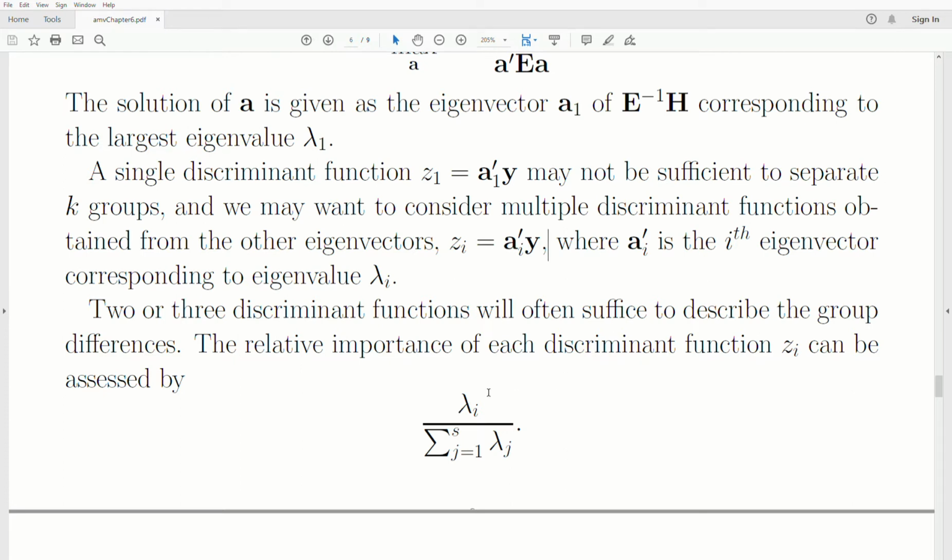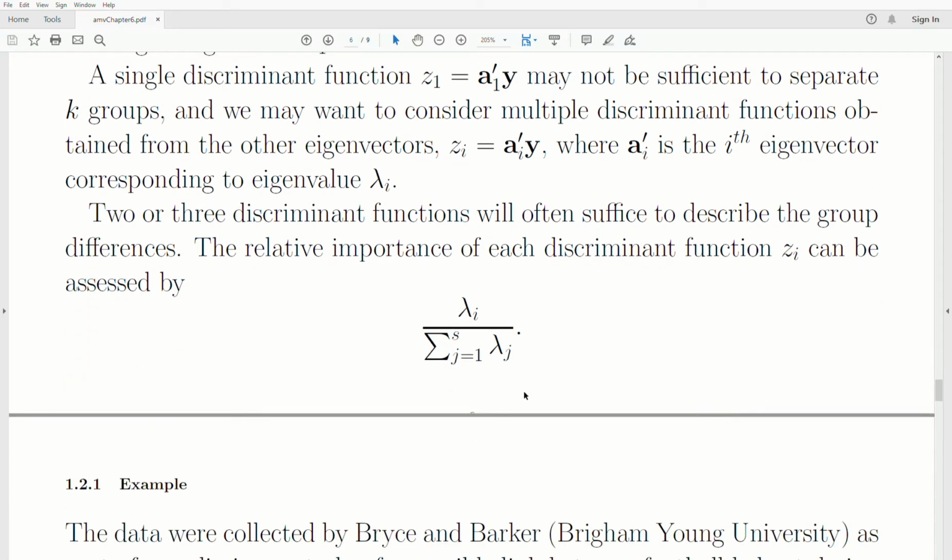But you look at the relative importance with this formula. You take all the eigenvalues, add them up, that's the denominator, and then you look one at a time at the relative importance of that eigenvalue, which means the eigenvector is important. Now this will make more sense when we do an example.